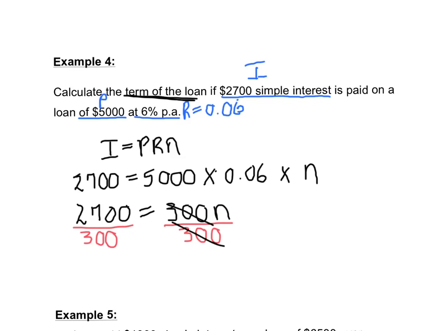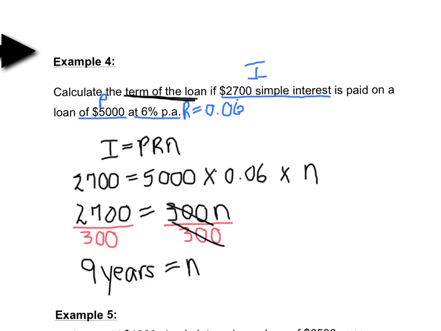Simplify that, and n equals 2,700 divided by 300 is 9. I know that I always have to give a unit in my answer. The interest rate was per annum. Therefore, my time periods also need to be in years, so my answer is 9 years.